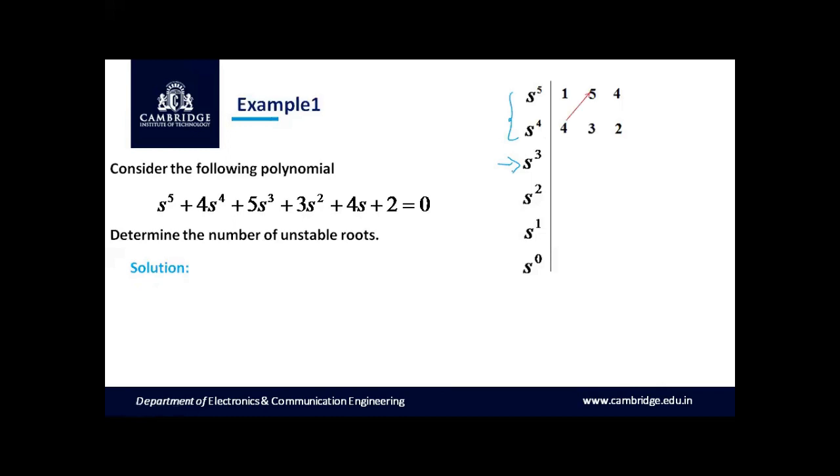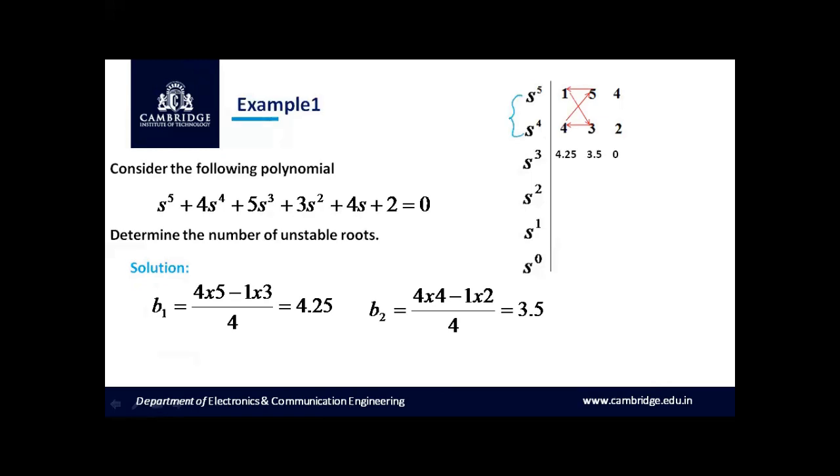Four into 5 minus 1 into 3 divided by 4. Hence, the third row first element will be 4 5s are 20 minus 3 divided by 4. Hence, we can obtain 4.25 as the first element. Similarly, we can fill up the third row second element making use of the pattern 4 into 4 minus 1 into 2 divided by 4.